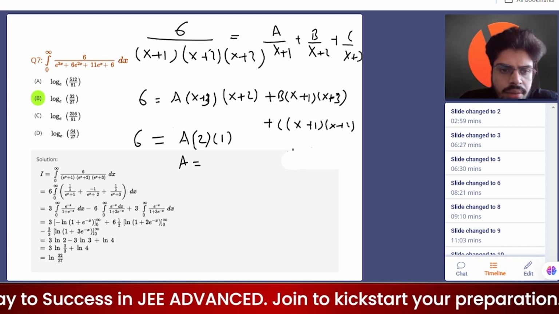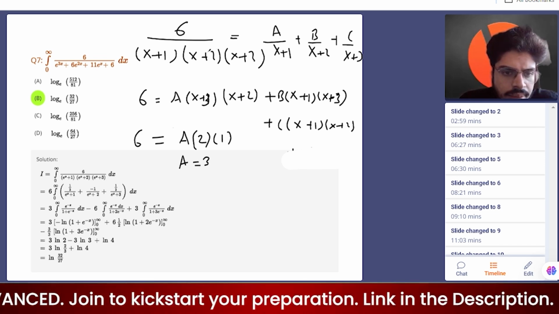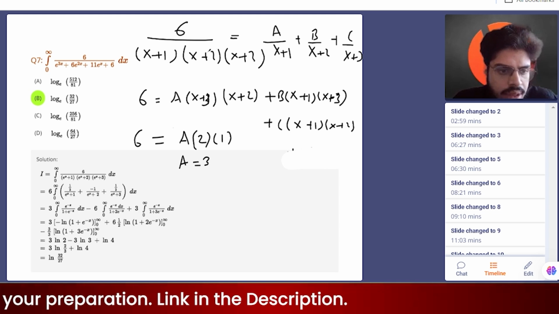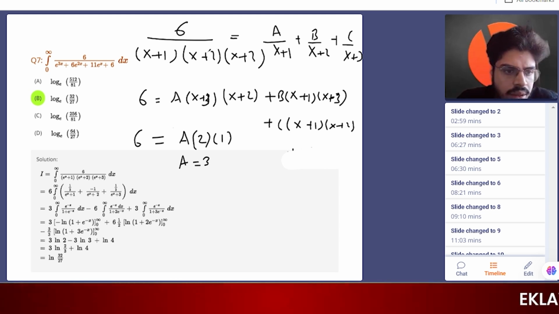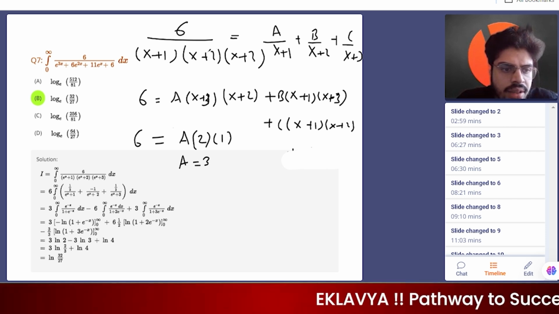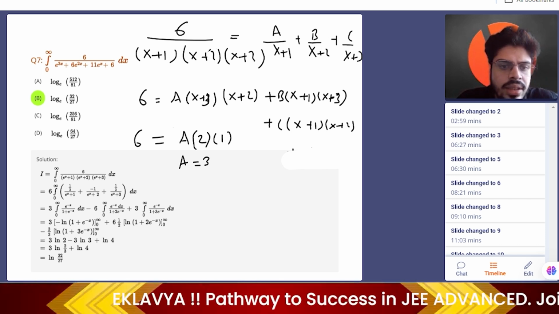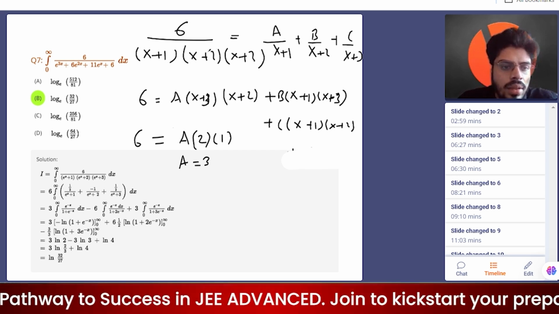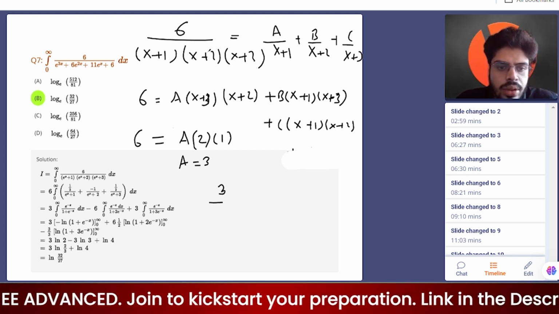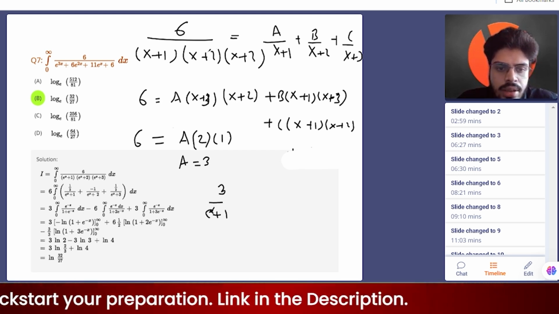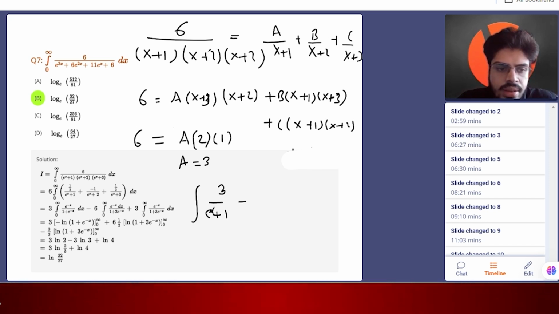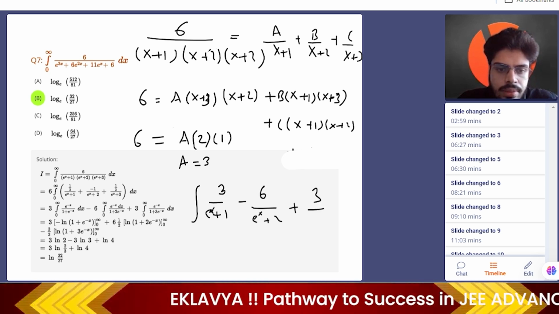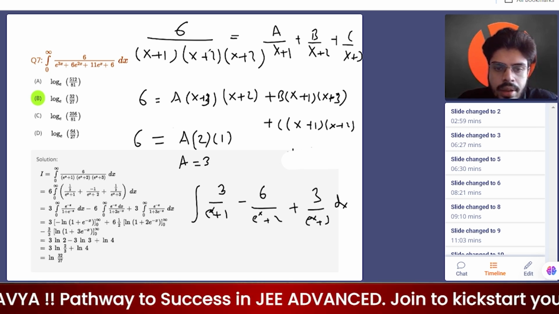So a we are getting as 3. If you multiply 6, you will get 3 only. So a got 3, so you can write it as 3 upon e power x plus 1. Similarly, you will get b and c as -6 and plus 3.